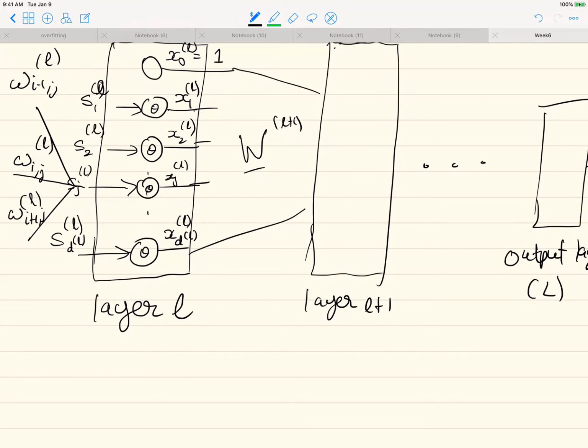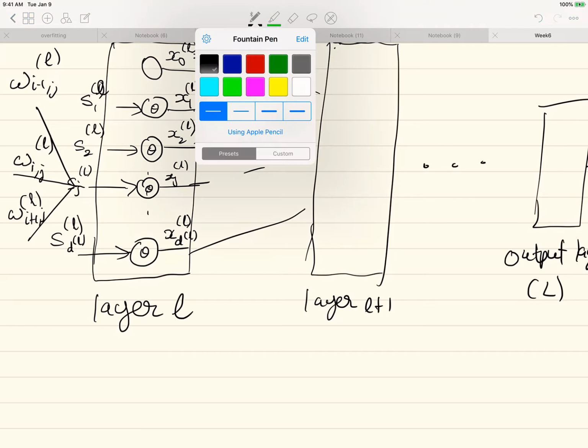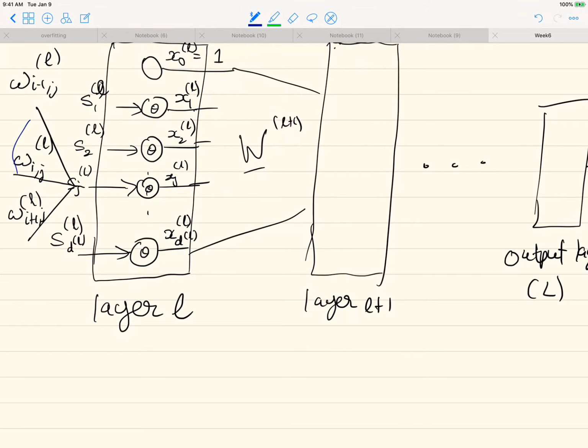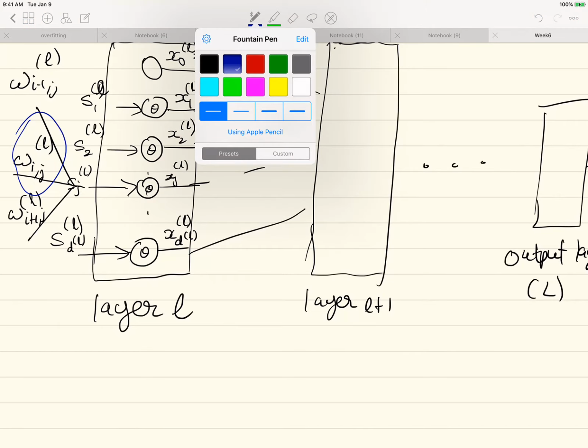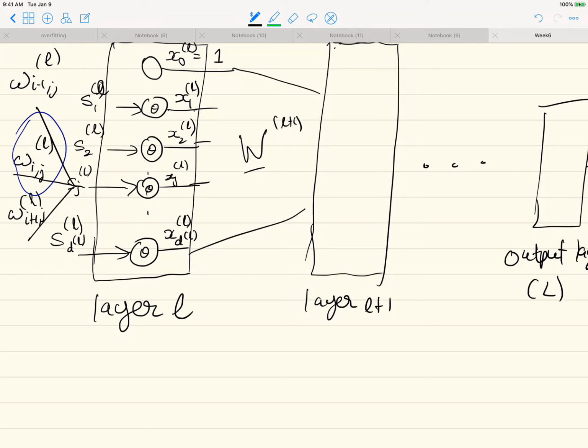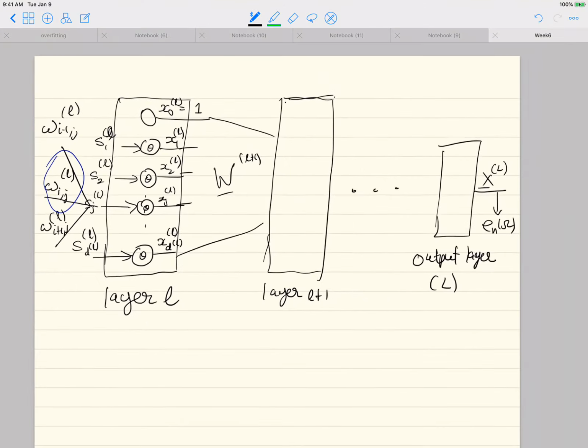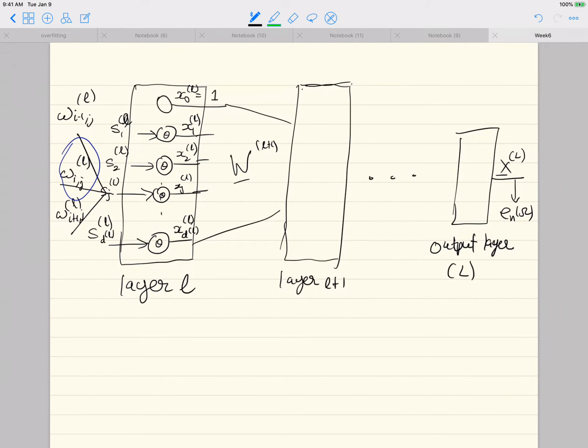There are many weights incident on this particular node j of L. We are interested in this particular weight, Wij of L, and we want to compute the derivative of the loss E of omega with respect to Wij of L. That's what we want to compute.